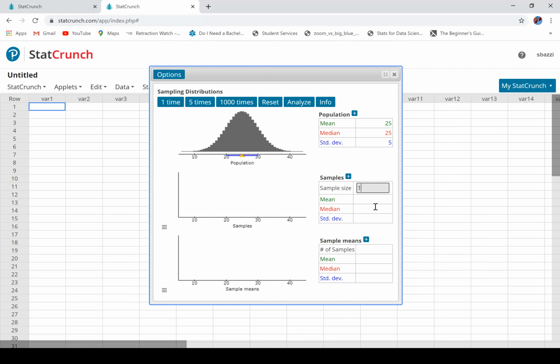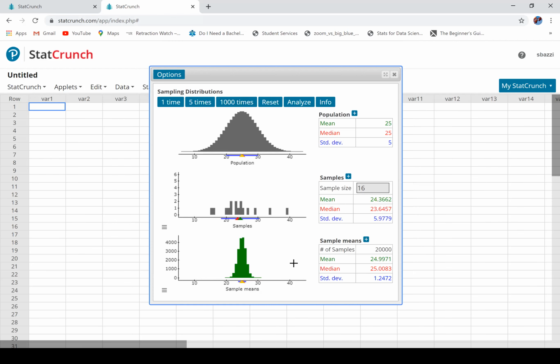I'm gonna do a sample size of 16, less than 30. You will know why 30 in a second. And number of samples, let's do it 1,000 times. 2,000, 3,000, 4,000, 5,000, 6, 7, 8, 9, 10,000. I'll do 20,000 just like we did before.